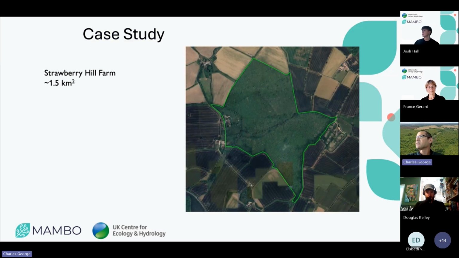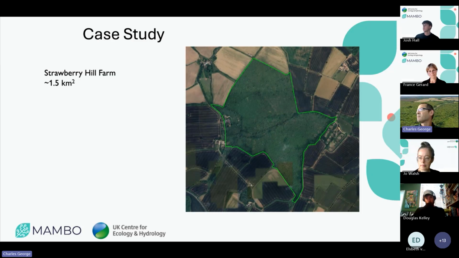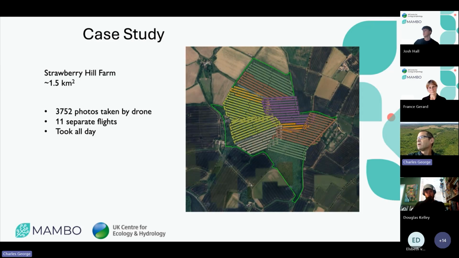As Francis just said, the case study is Strawberry Hill Farm. That's 1.5 square kilometers. For this study, we took nearly 3,800 photos from the drone, in 11 separate flights, and this took nearly all day. The reason it takes so long is because when you're flying a drone, it has to be within visual line of sight all the time.